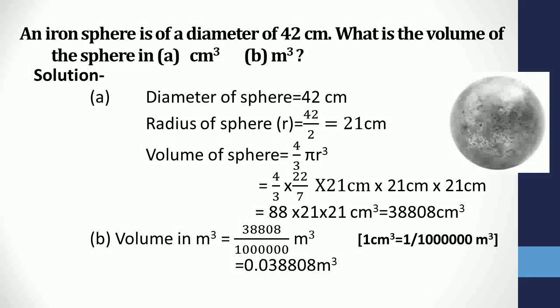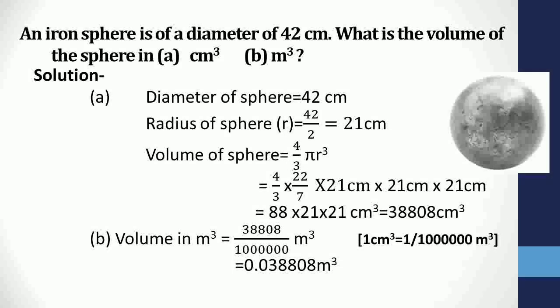The value of pi will be 22 upon 7 into r to the power 3, that means radius to the power 3. So 21 centimeter into 21 centimeter into 21 centimeter, 3 times we have to write 21 centimeter. So by solving this, we'll get the value of the volume as 38,808 centimeter cube. Clear? This is the answer of part A.